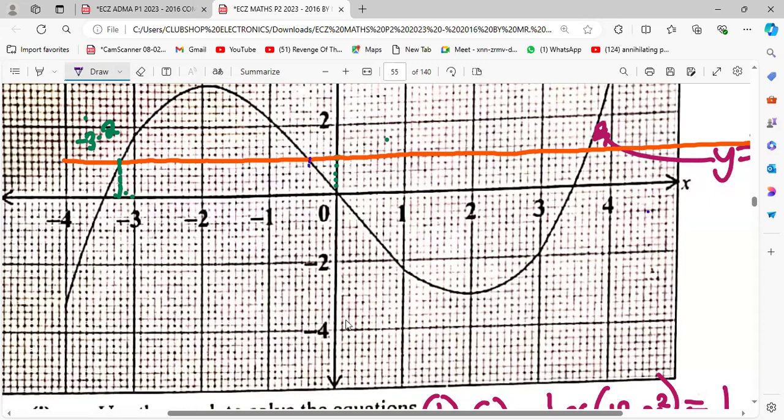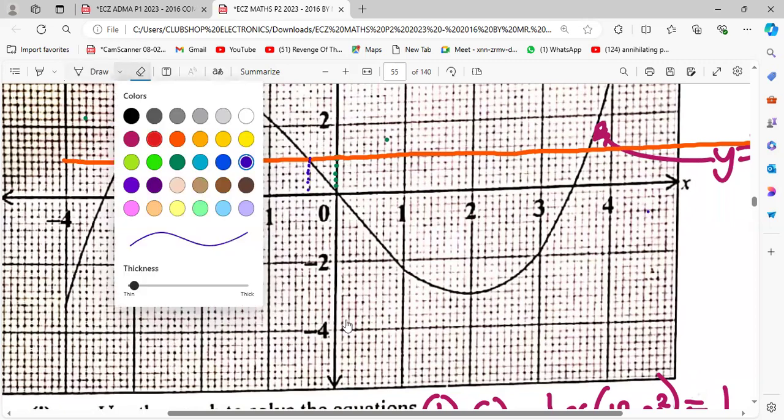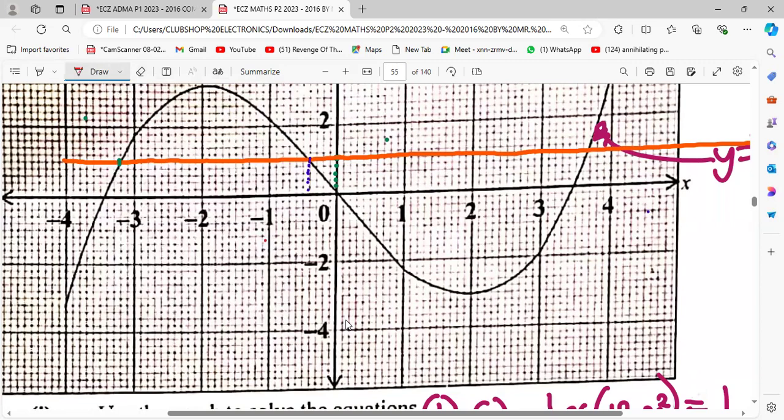Sir, can you kindly explain again why you are writing 3.2? Yes, because you can see that this is 3, isn't it? Yes, sir. But the next one here will be 3.1. Where we are meeting, it is here at 3.2. Oh, okay.